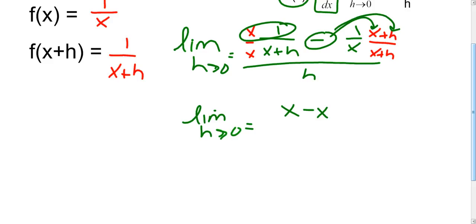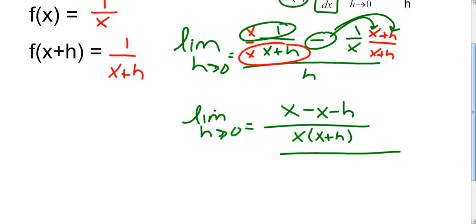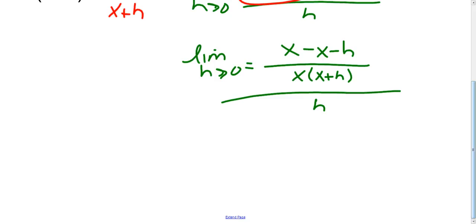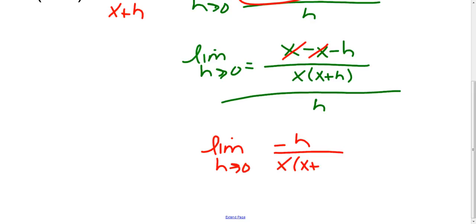So then I have negative x and negative h all over my common denominators down here, which are x times x plus h, all over my h that's still in the denominator. All right. These two cancel. So now I have negative h over x times x plus h.